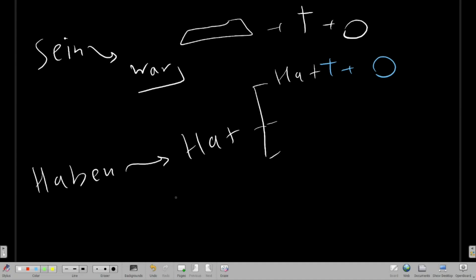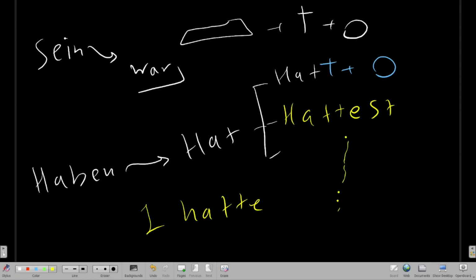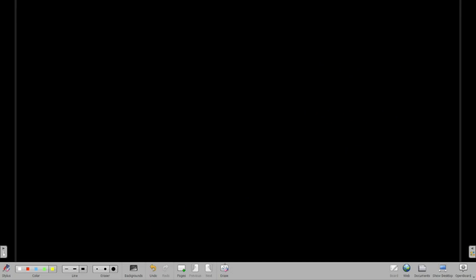So for ich, it would be ich hatte. The second one would become du hattest. We got an st, but since it's hard to pronounce hatt-st, it would be difficult and basically ugly, we had an e here, and it declines just like that for every person. And that, ladies and gentlemen, is the conjugation for sein and haben.